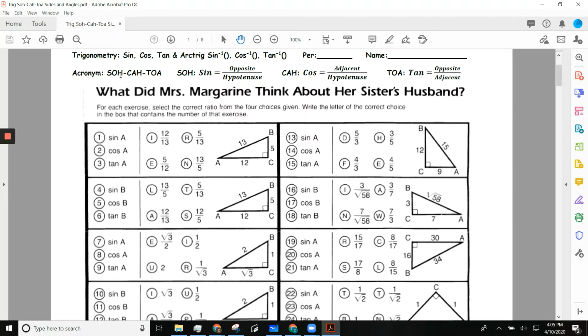I also have a cosine ratio, adjacent over hypotenuse, A over H, so CAH. For tangent, I have opposite over adjacent, O over A, and that's where my TOA comes from. So when I say SOH CAH TOA, it's an acronym that helps you remember these special ratios inside right triangles.